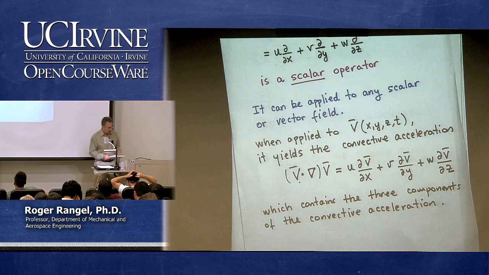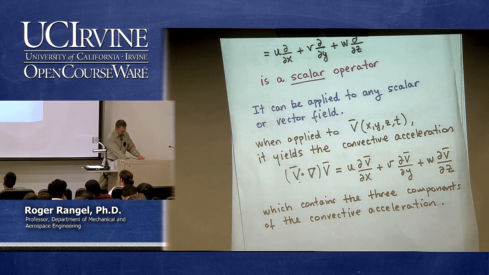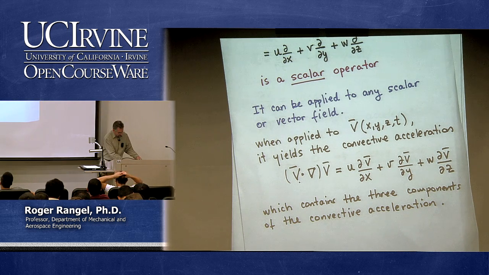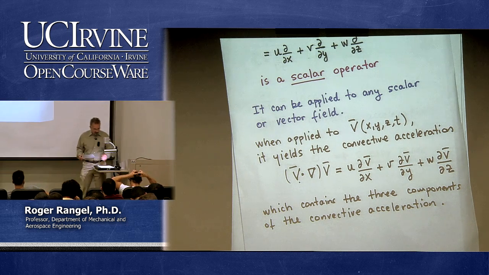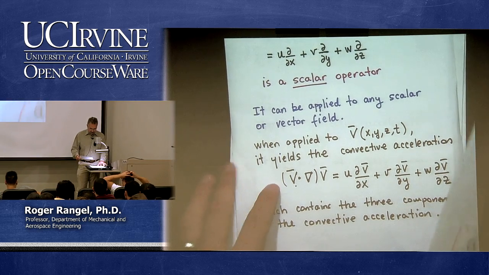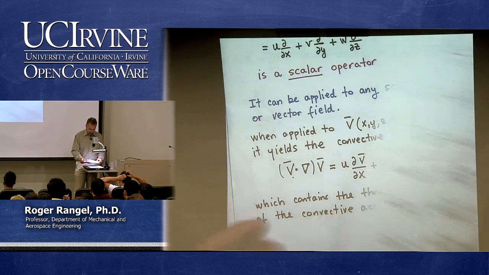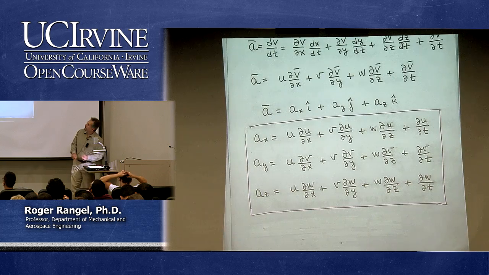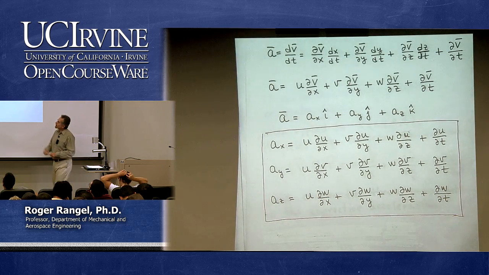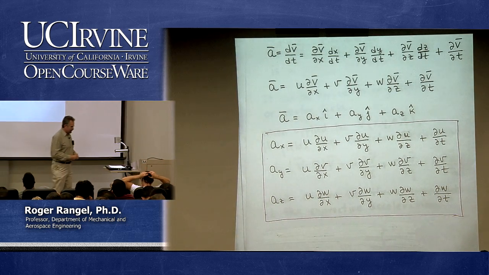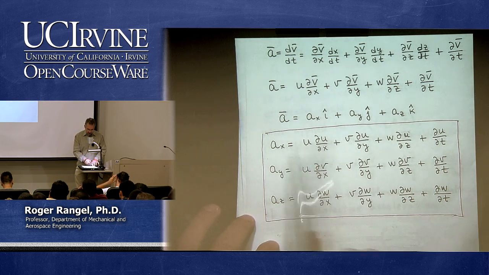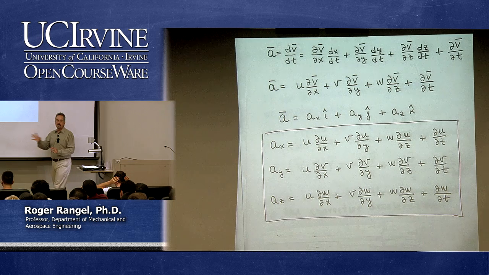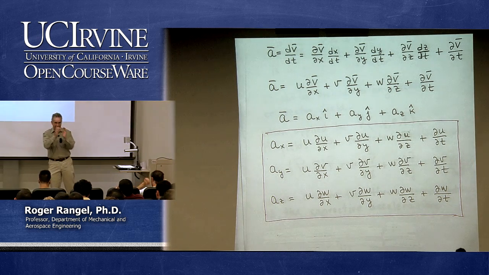And we saw those components last time when we wrote the full expression for the acceleration, and it is right here in the red box. Those are now the three components of the acceleration. So the first three terms in each of the components come from that compact convective term.